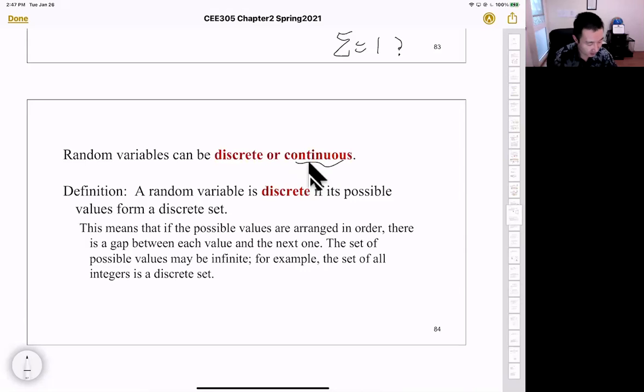That means if the possible values are arranged in order, there is a gap between each value and the next one, a gap between 28 and 29, and between 29 and 30. The set of possible values may be infinite or finite, as in our previous example.